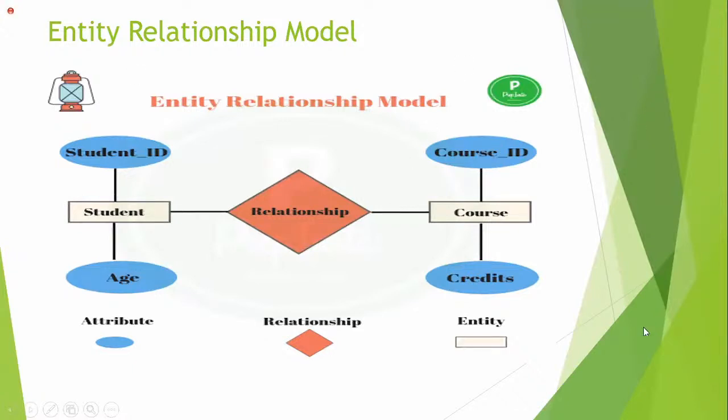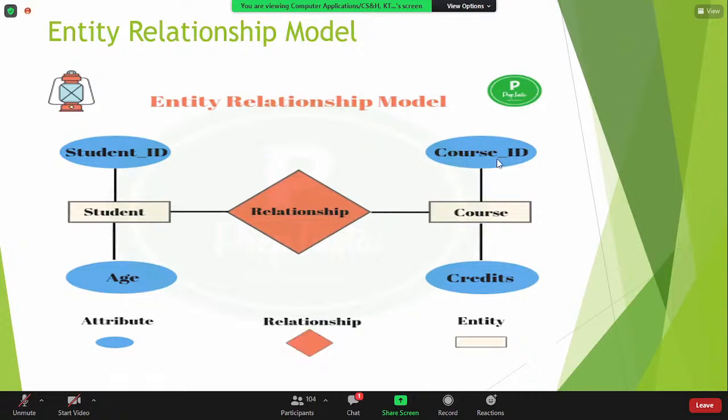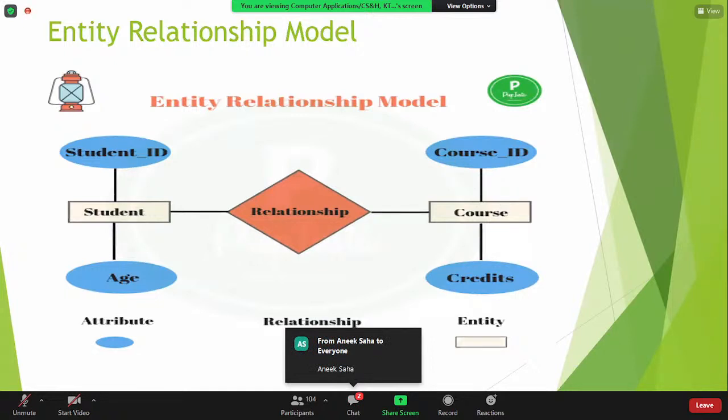Course ID will come under another data object. Here student age we'll call an attribute, and for the course ID, the information will not be about the students, only about the course: which year of regulation, how many credits it needs, how many units. All these things will be in the course ID.